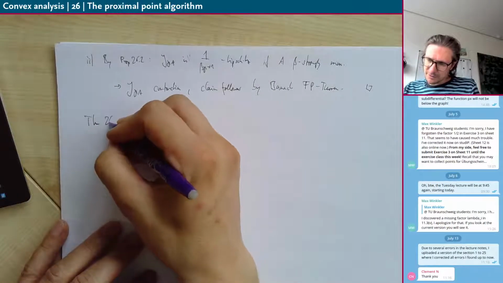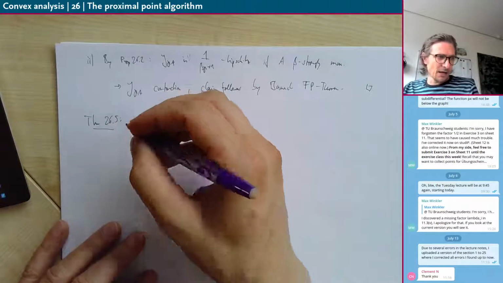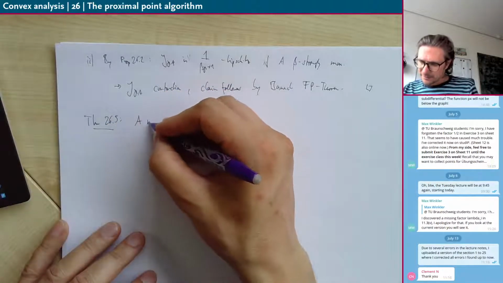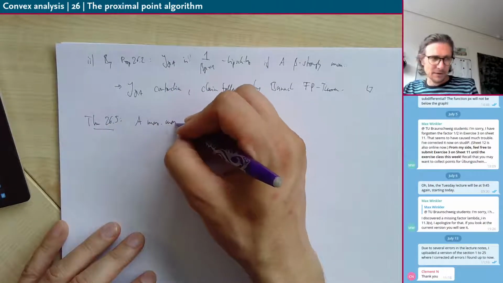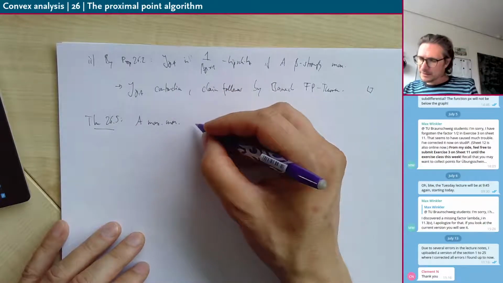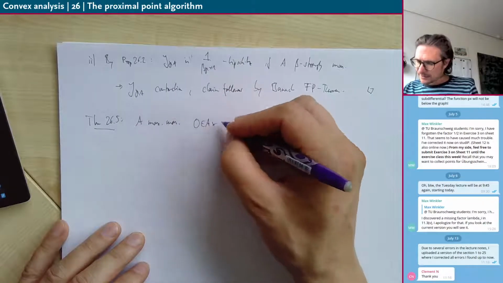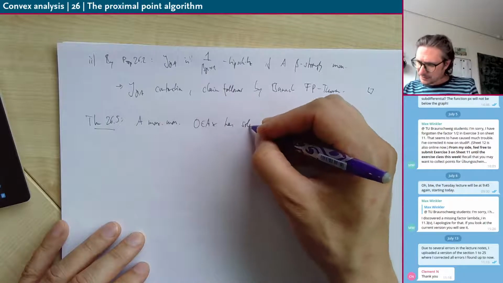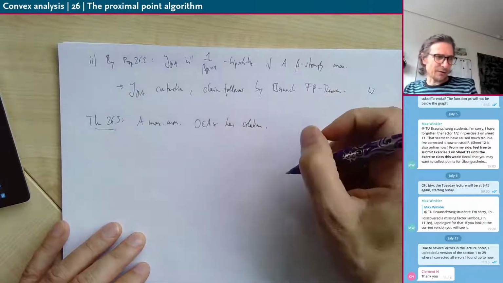So here's Theorem 26.5. Assume A is maximal monotone, and 0 ∈ Ax has solutions. These are our assumptions.